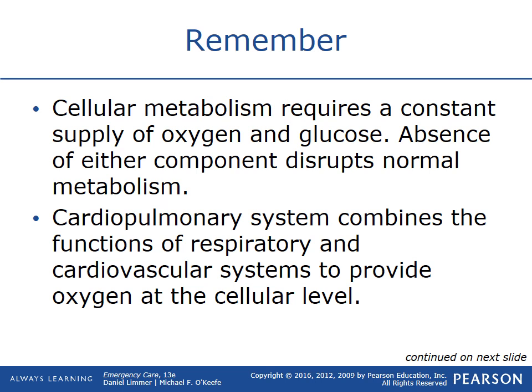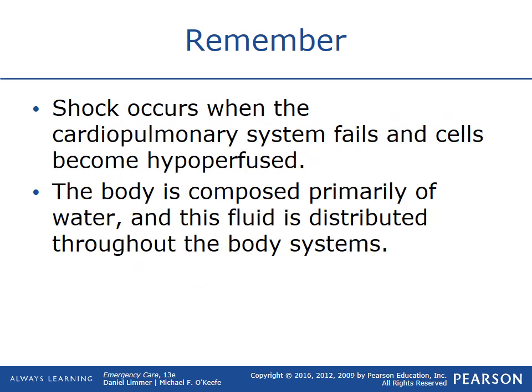Absence of either component disrupts normal metabolism. The cardiopulmonary system combines the functions of the respiratory and cardiovascular systems to provide oxygen at the cellular level. Shock occurs when the cardiopulmonary system fails and cells become hypoperfused.